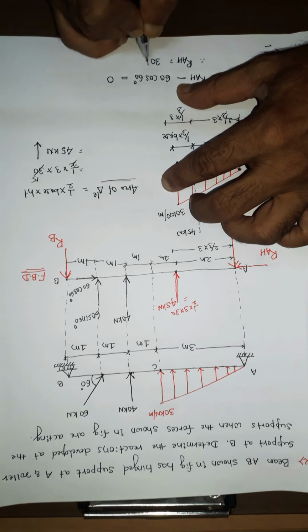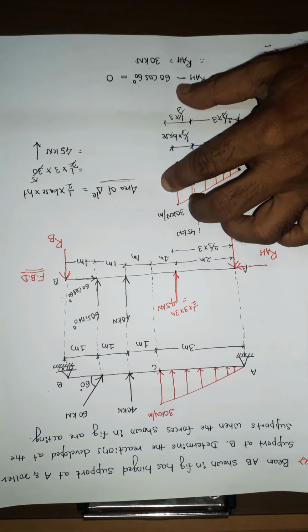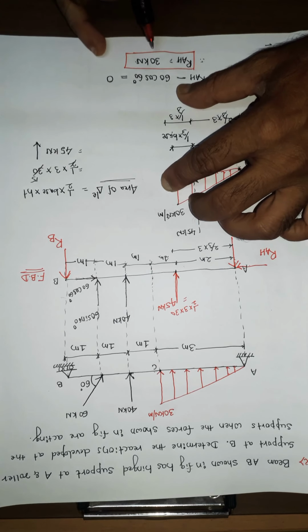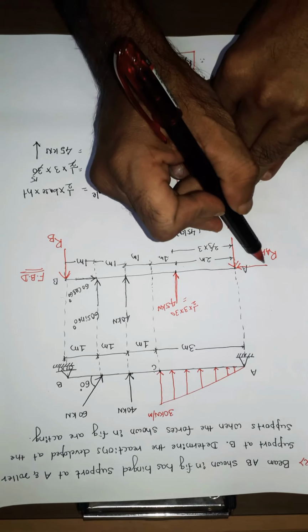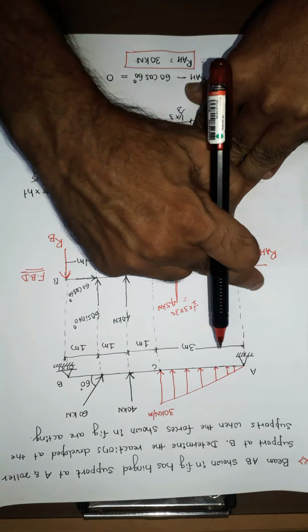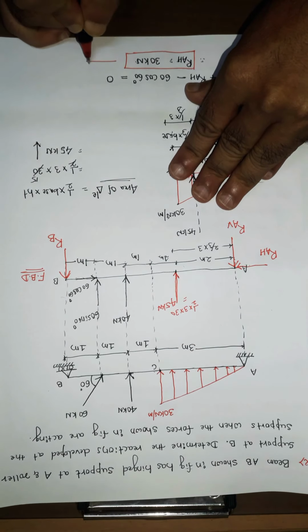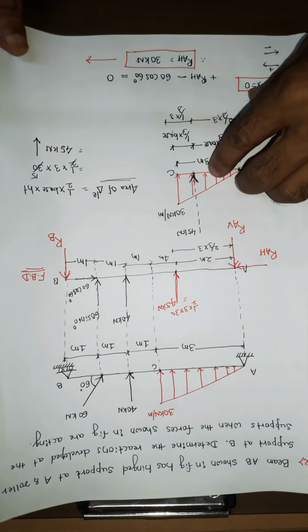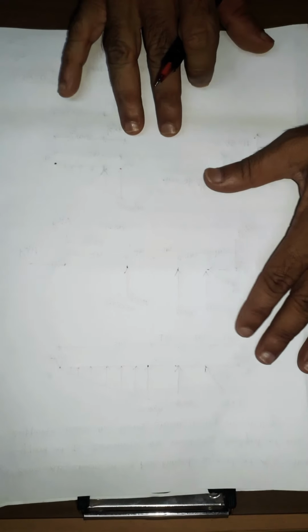So the reaction RAH will be plus 30 kilonewton. You have got a plus value, which means the direction we assumed is correct. So we have used one equation, summation Fx is equal to 0.